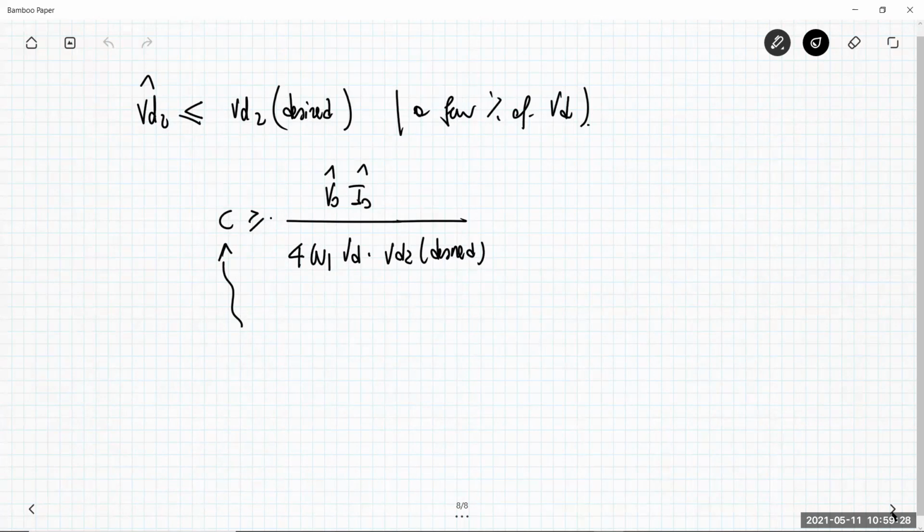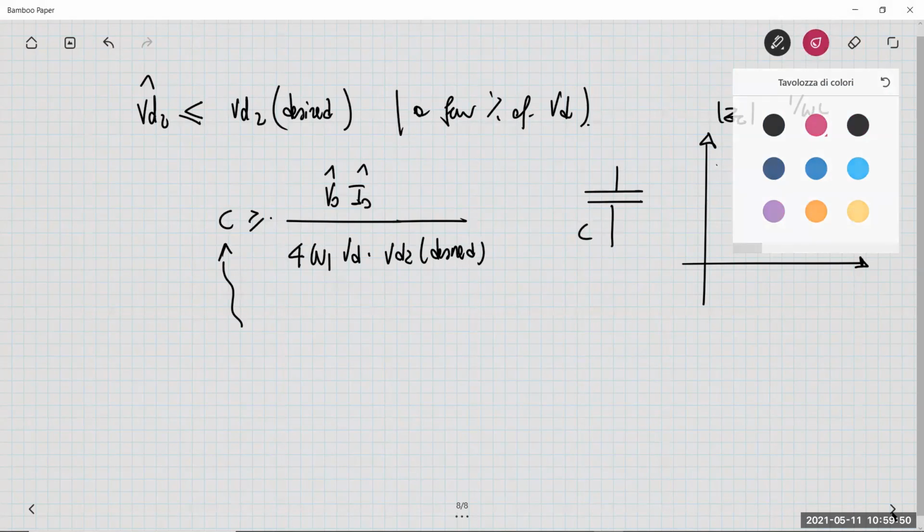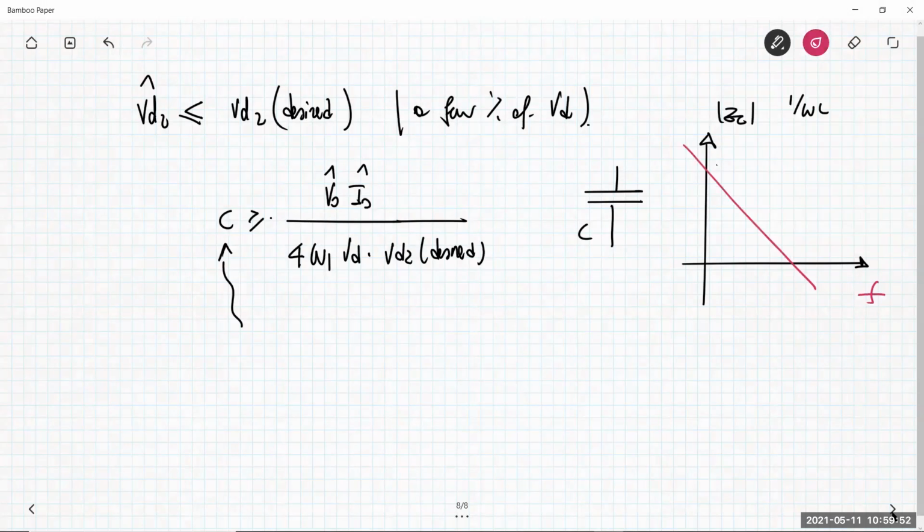Pay attention also to the fact that any real capacitor is not an ideal capacitor. Okay? An ideal capacitor like this has an impedance that is basically 1 over omega C. So in terms of frequency it reduces itself with a slope of negative 20 dB per decade.